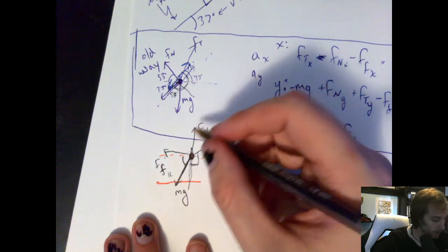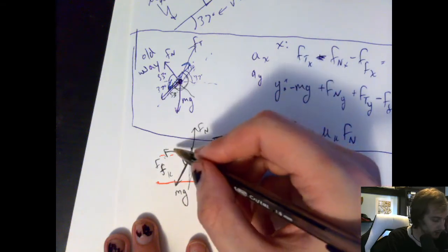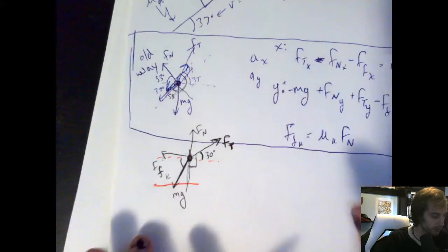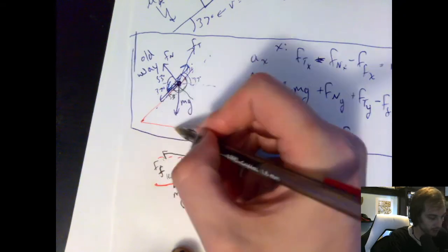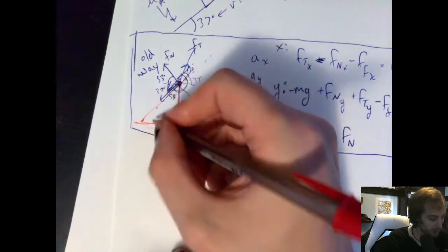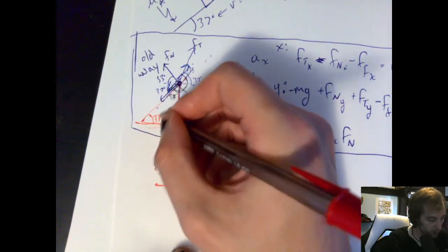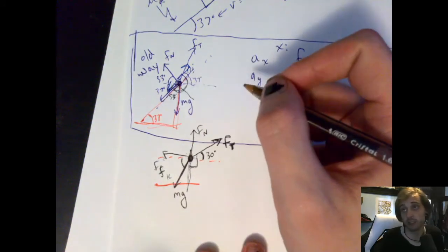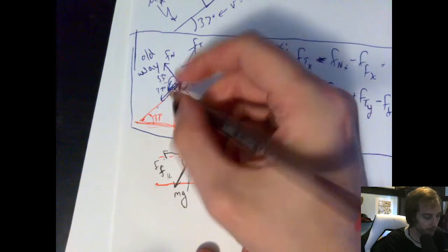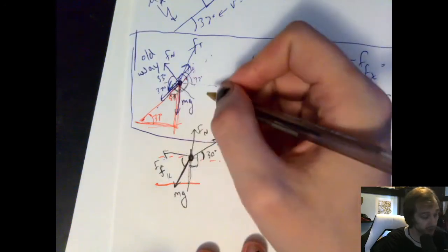What's a nicer way to do this? All right, the way that I tend to do it is actually using the hill angle itself. This is what the ground would be if it's not a hill, that's 37 degrees. I can make a triangle with that and gravity that'll make a right triangle. So this will be 53 degrees.